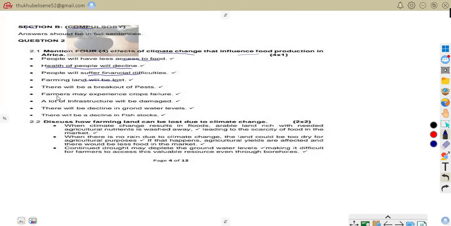Also there will be a breakout of pests. That is because of climate change. These are the challenges that you're going to face, as you have seen in the case study. There will be a breakout of pests, an increase in pests, which are going to damage crops. You can talk of locust invasions, you can talk of crop diseases and so on.